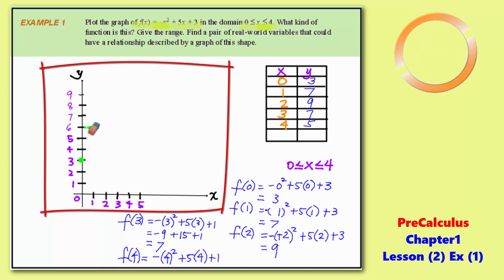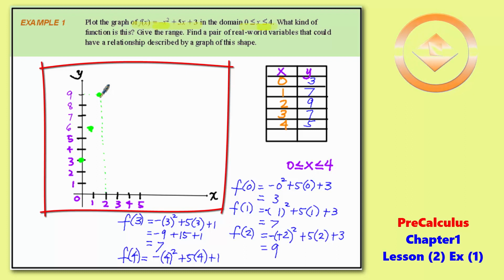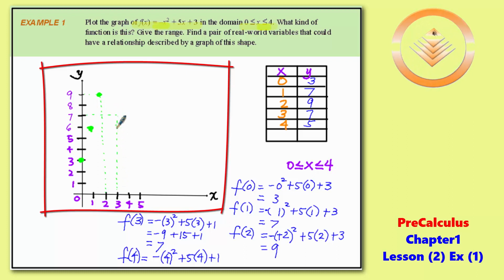Let me polish this thing here. Okay, 2 and 9 would be here. Now as you can see, if x is equal to 3, it becomes 7 again. So it would be here.